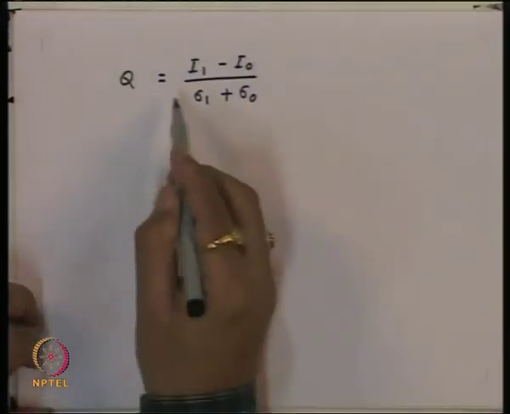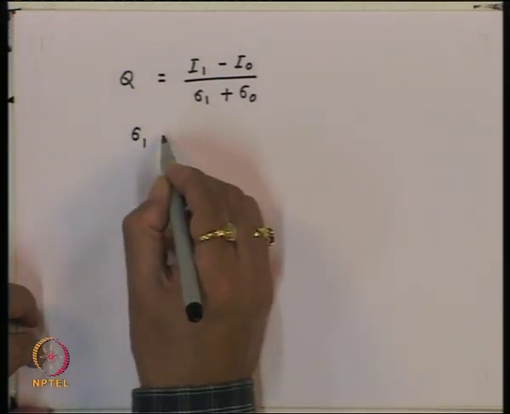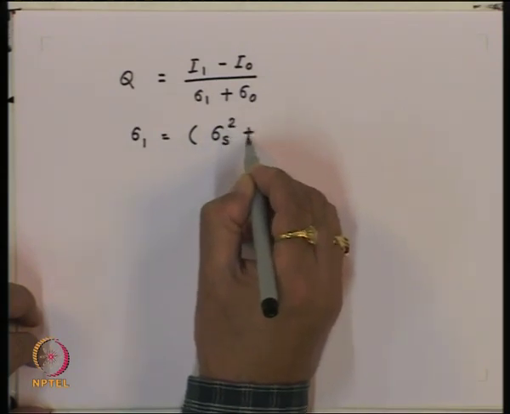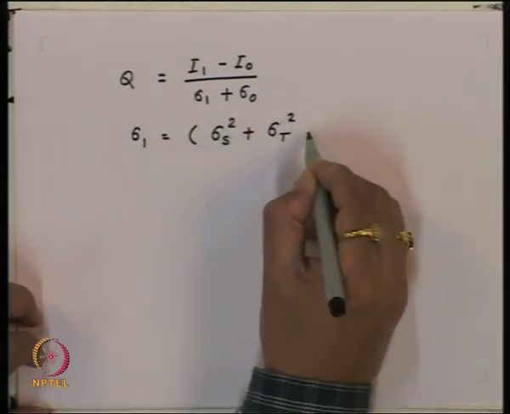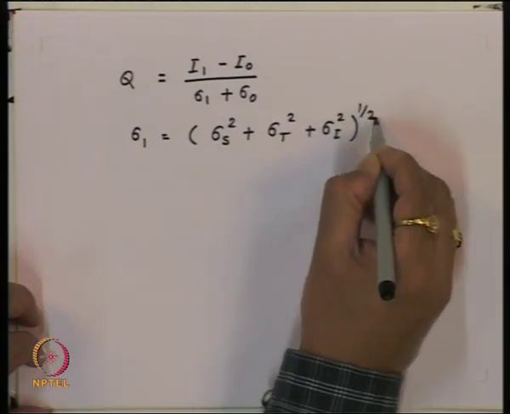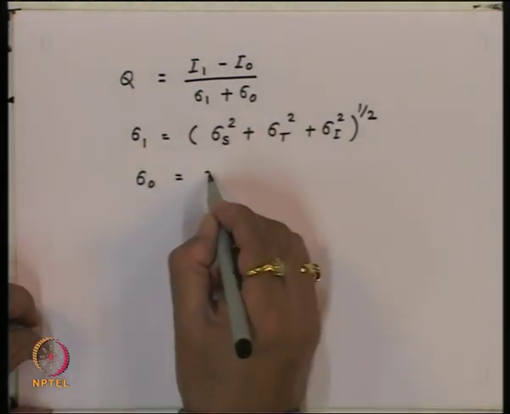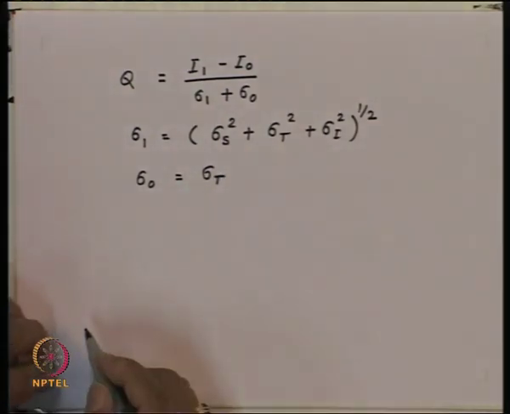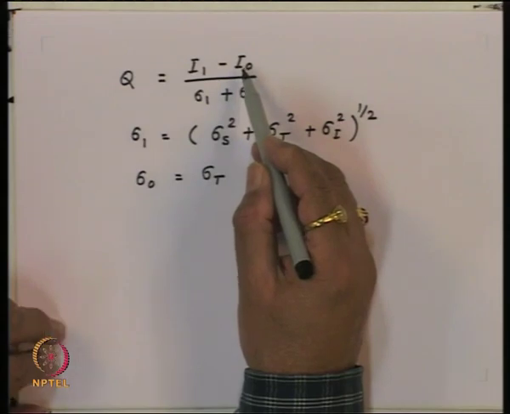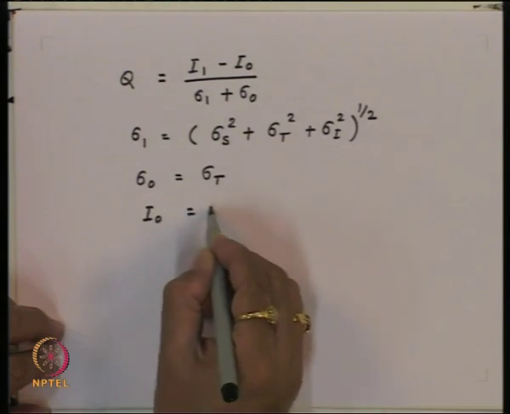So, we have now a situation where sigma 1 will be square root of sigma s square plus sigma t square plus sigma I square, and sigma 0 will be only sigma t. And also, since we are assuming that the extinction ratio is 0, I0 is 0. So, we have this quantity is also 0.